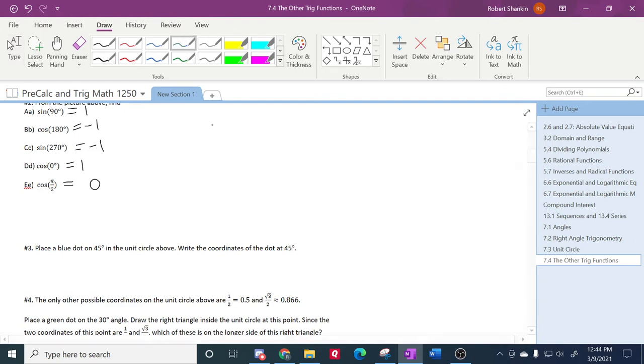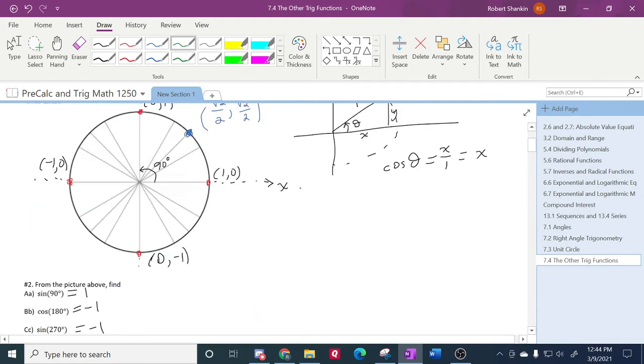What do I mean by draw the right triangle inside the circle? Let me come over here and let me get rid of this. Here's the 30-degree angle. Now the right triangle inside the unit circle comes straight down.